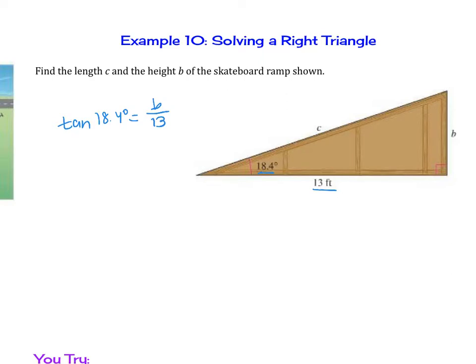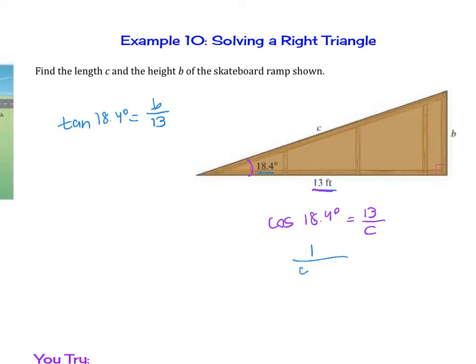Another thing that we can use, given what we have, is adjacent over hypotenuse, that's cosine of 18.4 degrees equals 13 over c. Now really I want my c in the numerator because it makes it a little faster to solve. One way to do that is secant, but instead, let's just make it a reciprocal.